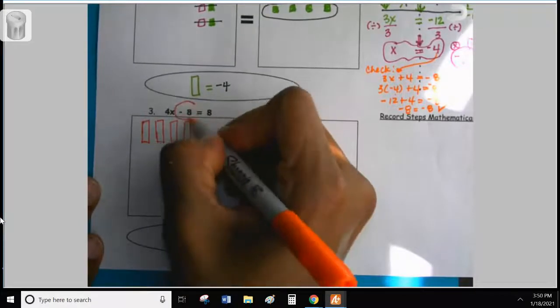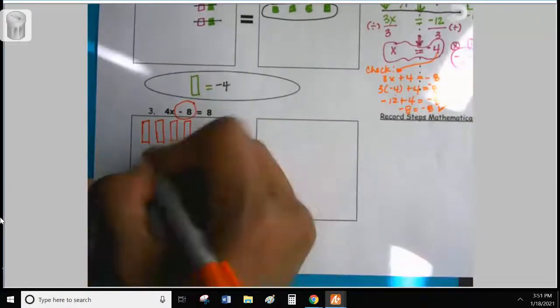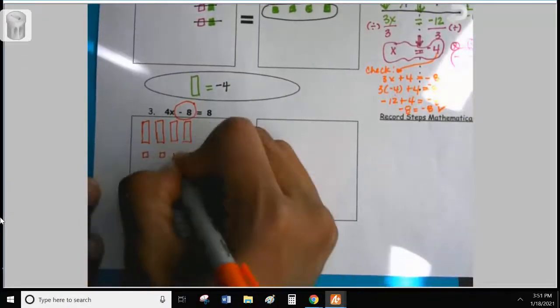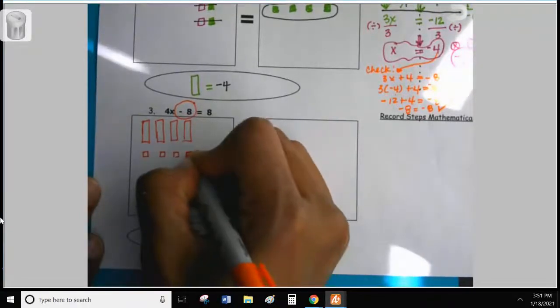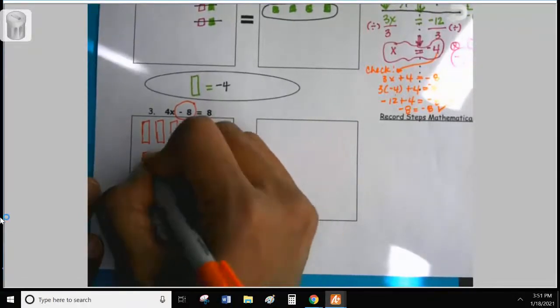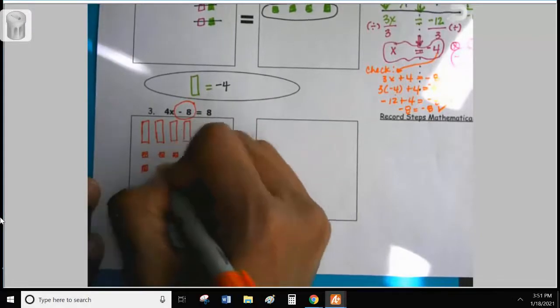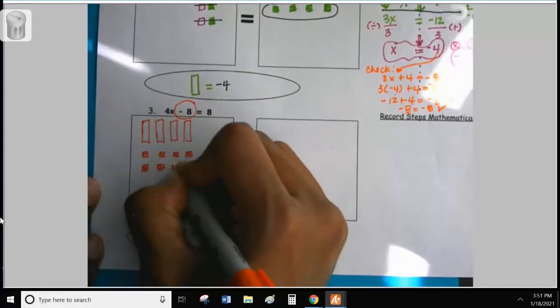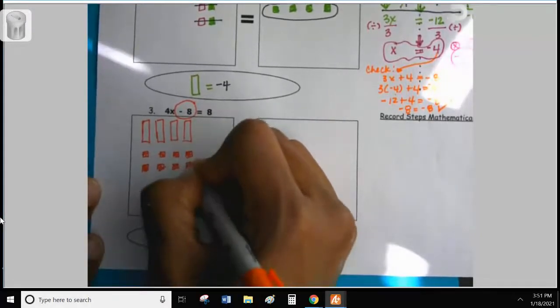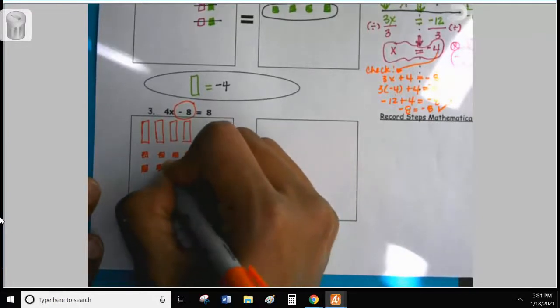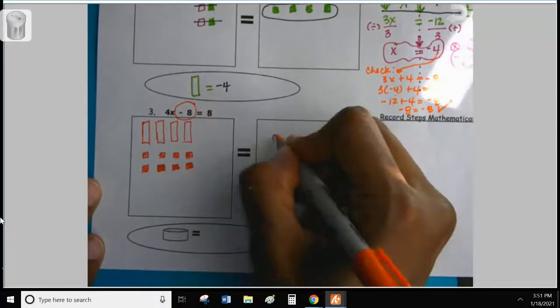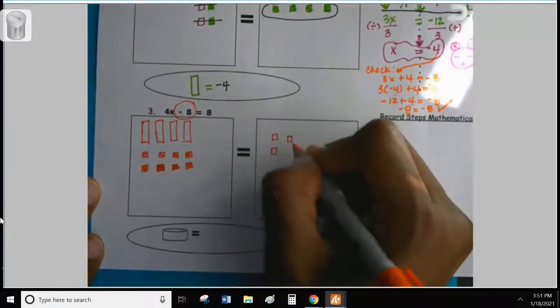I'm going to be modeling -8 on this side. This side is +8.